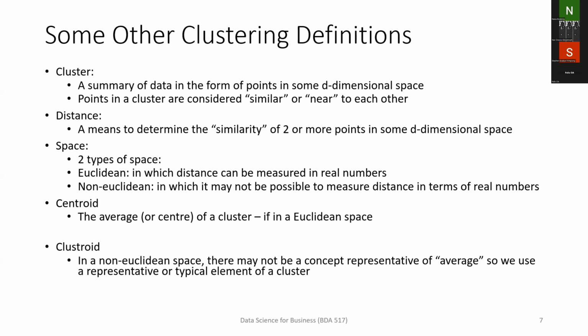And then we also have the space. We have two types of space, basically: Euclidean space and non-Euclidean space. Euclidean is like going in a straight line, or something that you can use numbers to calculate. We normally calculate it within the Euclidean space.